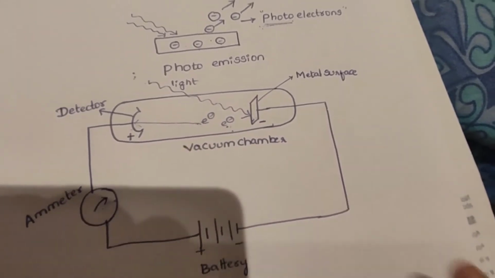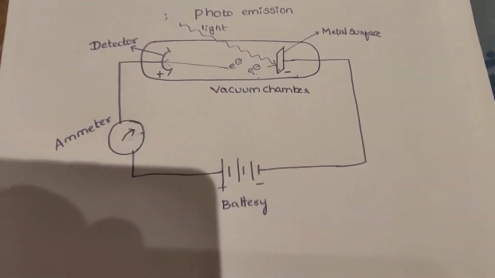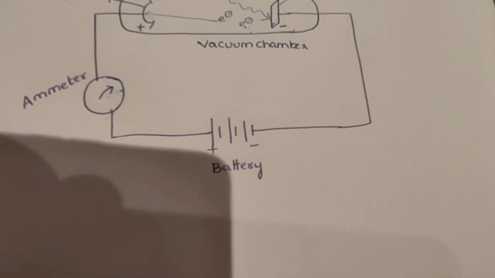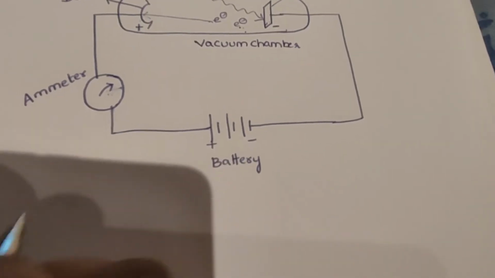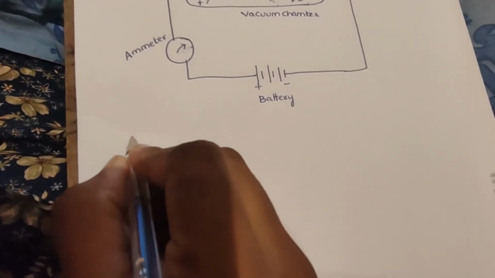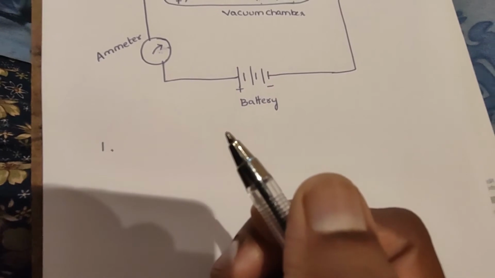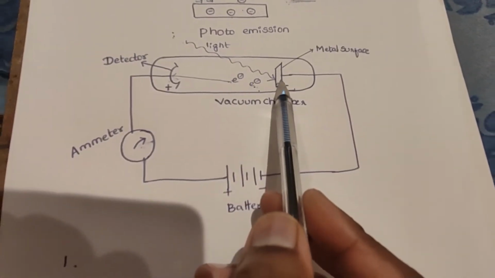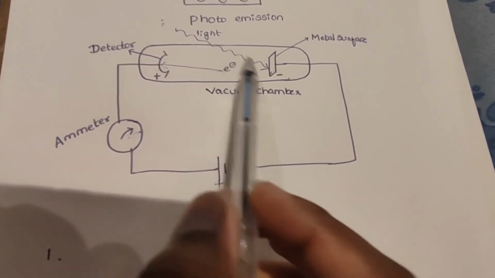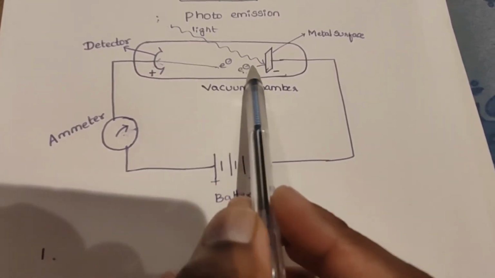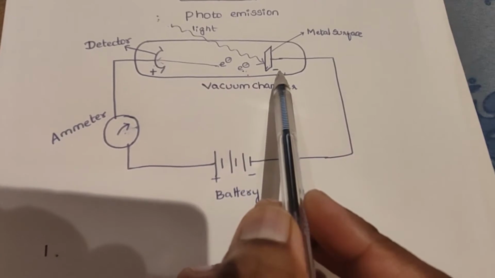So here, after conducting the experiment, the following results are noticed. First one: the electrons are ejected from the metal surface as soon as the beam of light strikes the surface.